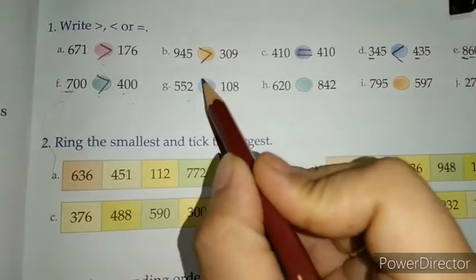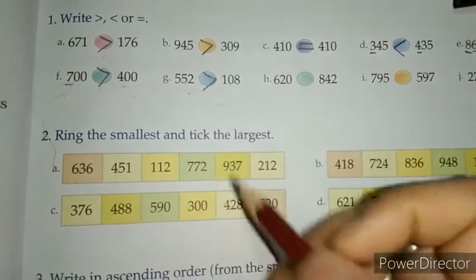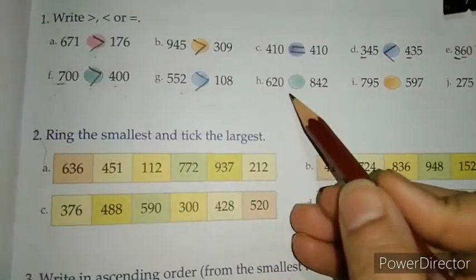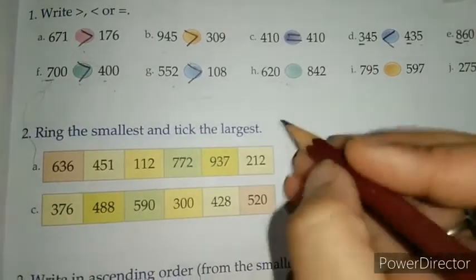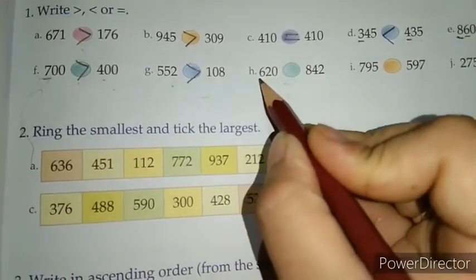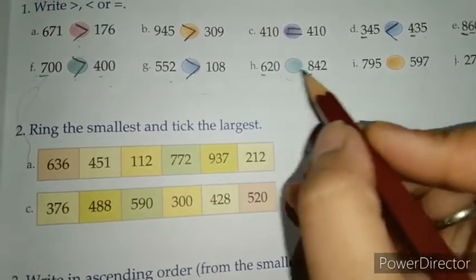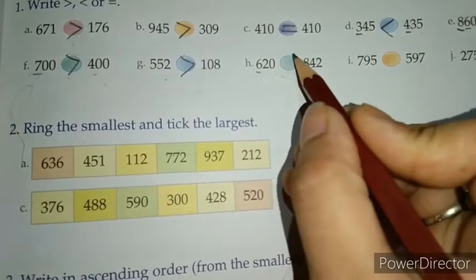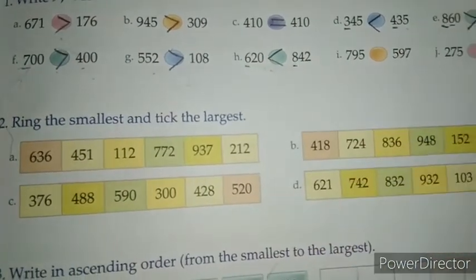Then 552 is greater than 108 because 5 is greater than 1. Here 620 and 842. Again compare the digit of the hundreds place, 6 and 8. Then 8 is greater than 6, so 842 is greater than 620.